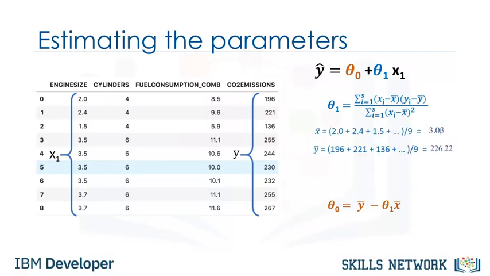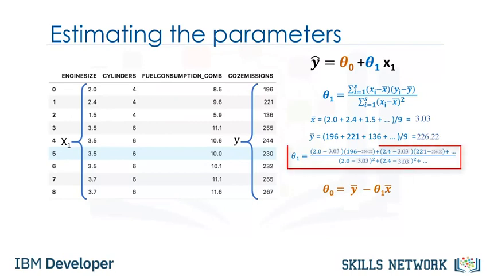We can start off by estimating the value for theta 1. This is how you can find the slope of a line based on the data. X bar is the average value for the engine size in our data set. Please consider that we have 9 rows here, rows 0 to 8. First, we calculate the average of x1 and average of y.